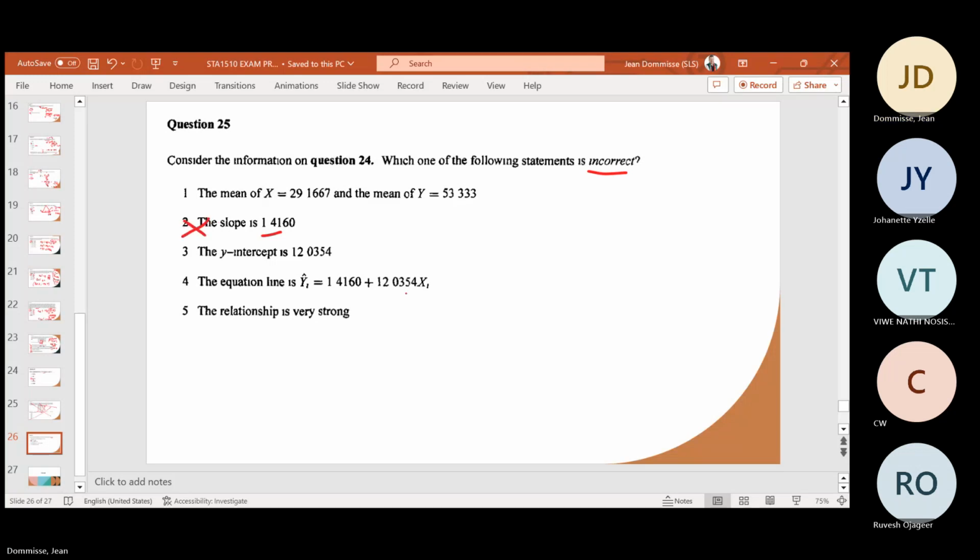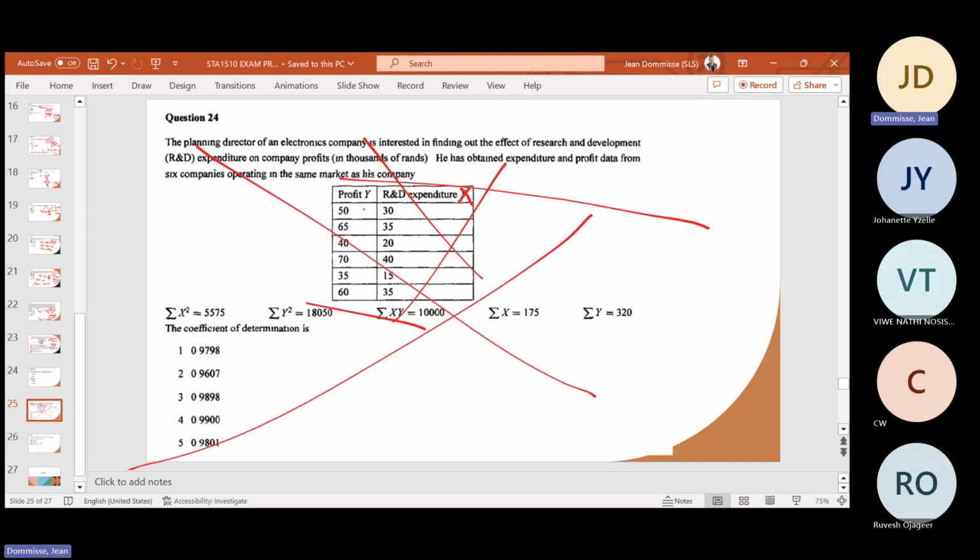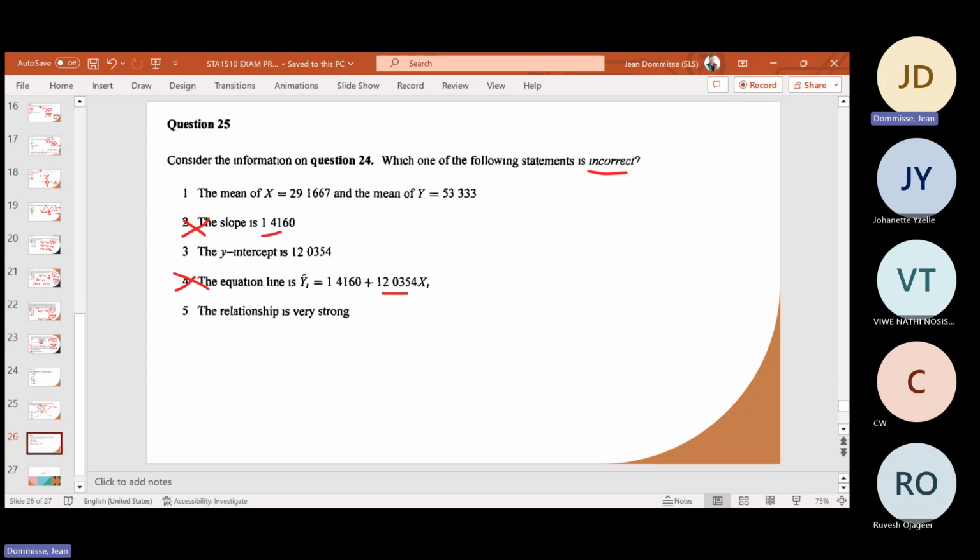If it's 2.4, that one is also incorrect. So everything is totally wrong in this whole question. Obviously, the data was wrong from the beginning. So basically two questions in here are not doable.